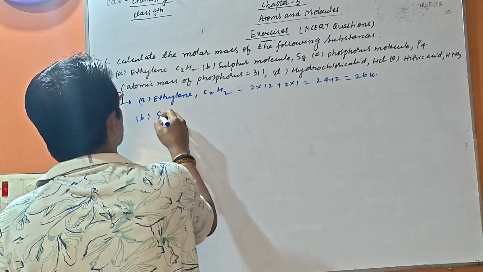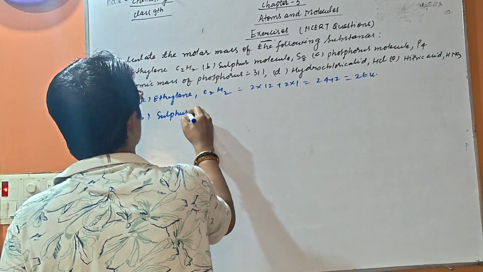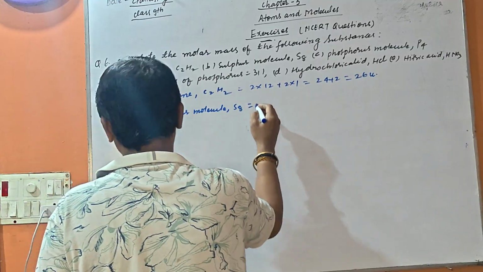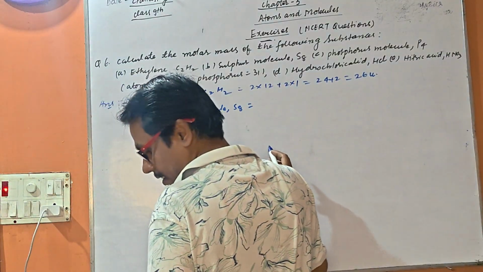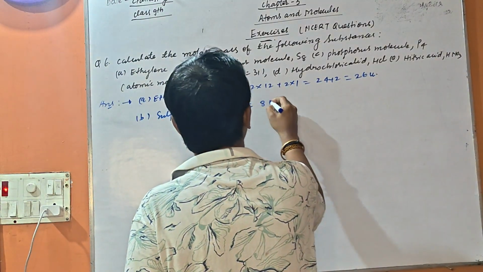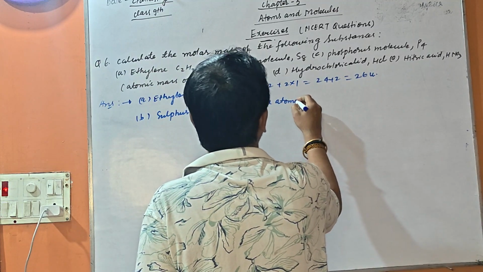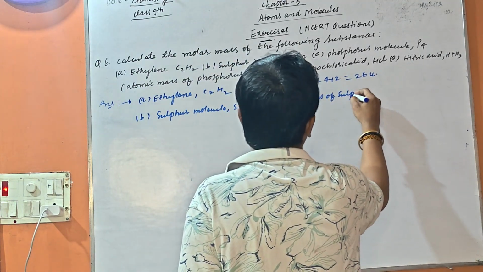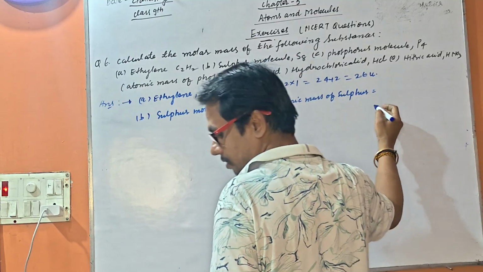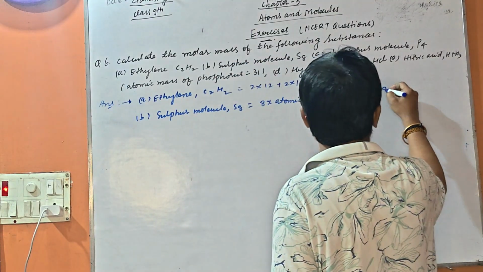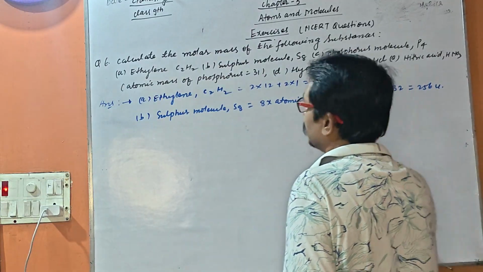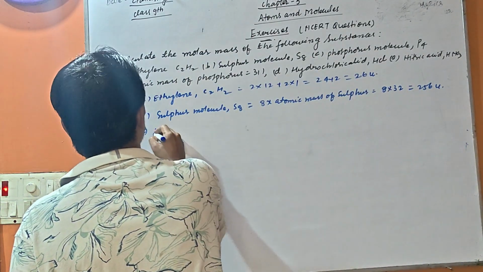Second is sulfur molecule, S8, is equal to 8 into atomic mass of sulfur, 8 into 32, is equal to 256.